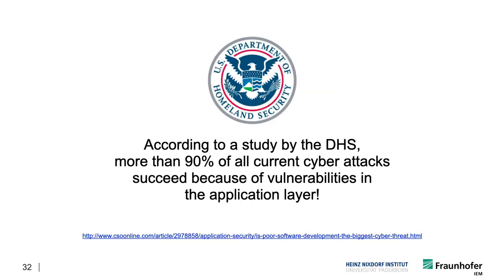Interestingly, there's a study by the Department of Homeland Security, but also others, that show that more than 90% of all the current cyber attacks succeed because of vulnerabilities in the application layer. So yes, there is cryptography being broken. Yes, there are network components being broken. In some cases where nation state actors are involved, you might even see attacks on security sensitive hardware.